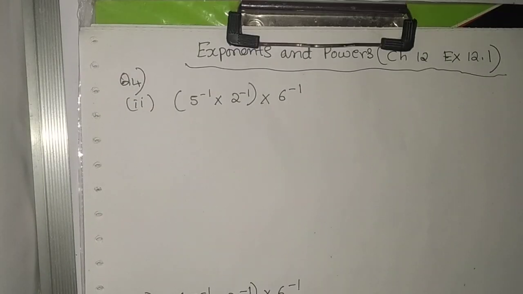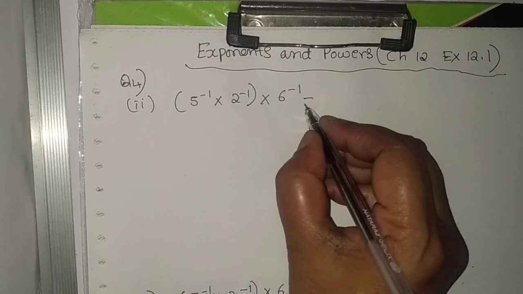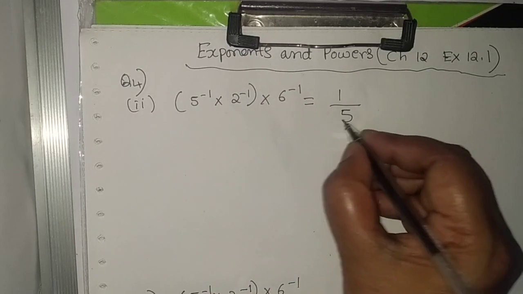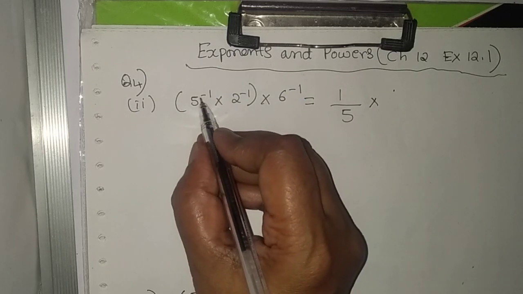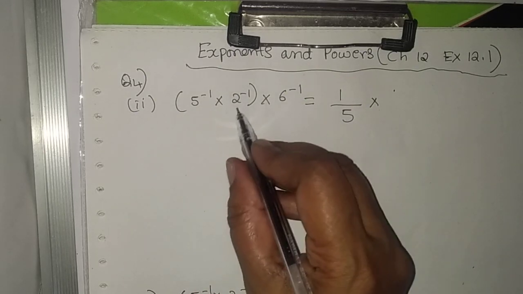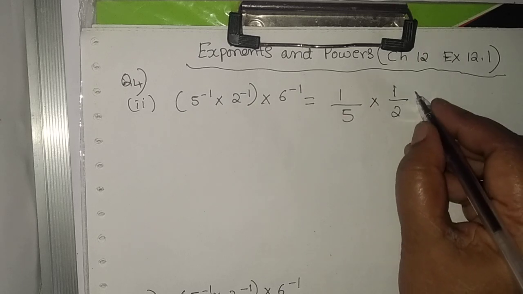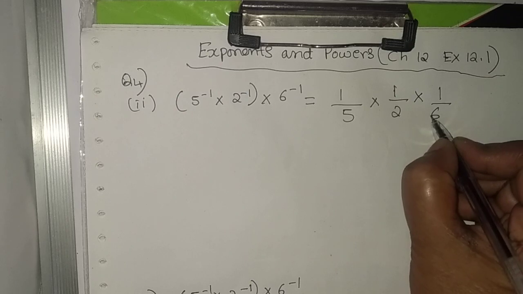So in question 4 we have a second problem here. Directly I'll write this as 1 by 5 into, that is 5 power minus 1 can be written as 1 by 5, 2 power minus 1 can be written as 1 by 2, and 6 power minus 1 can be written as 1 by 6.